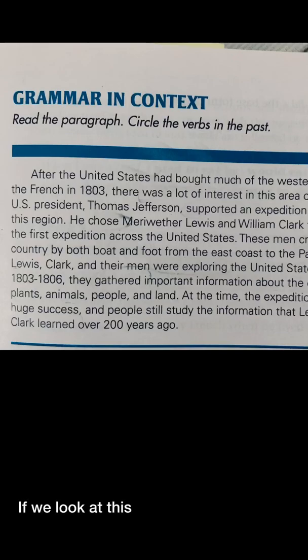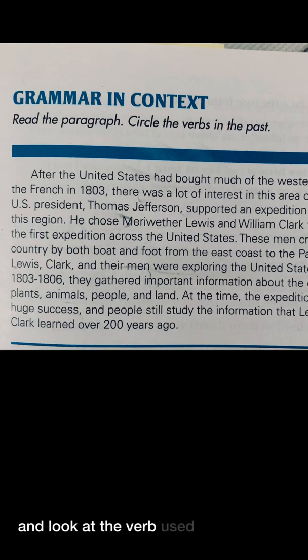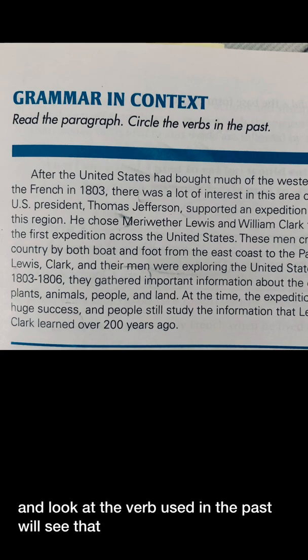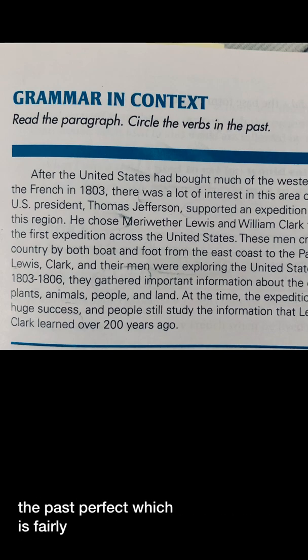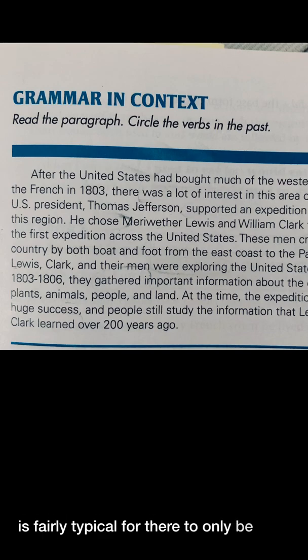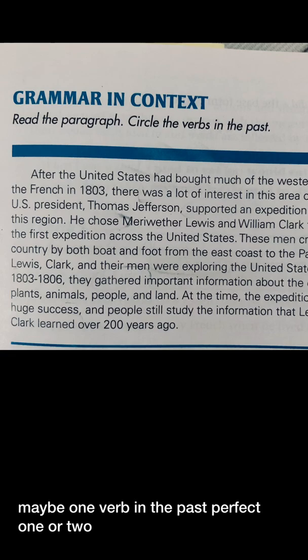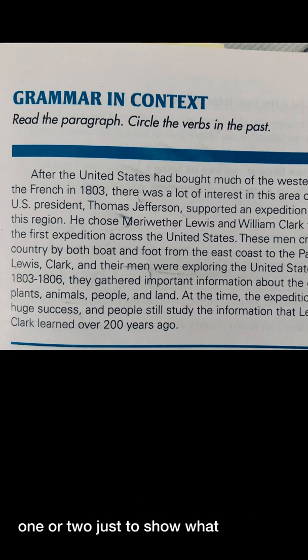If we look at this short paragraph and look at the verb use in the past, we'll see that only one verb is used in the past perfect, which is fairly typical for there to only be maybe one verb in the past perfect, one or two, just to show what finished first.